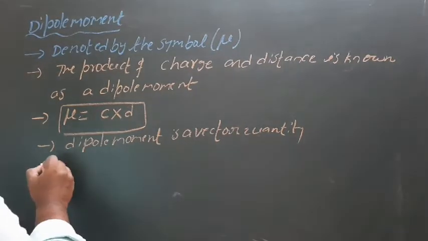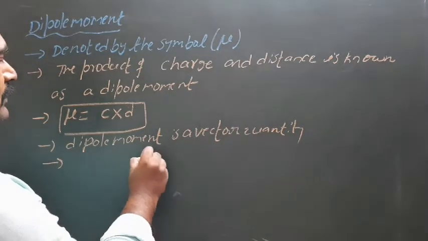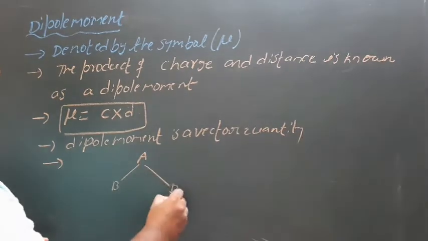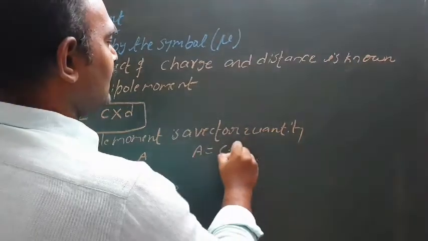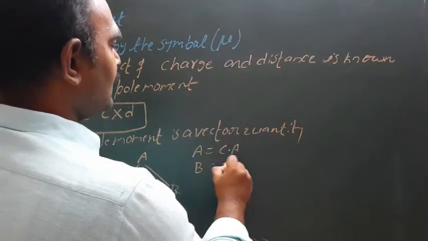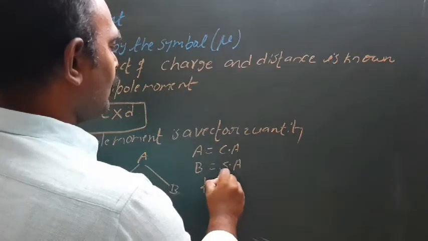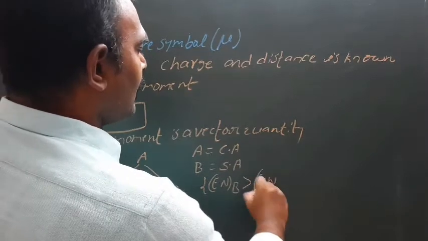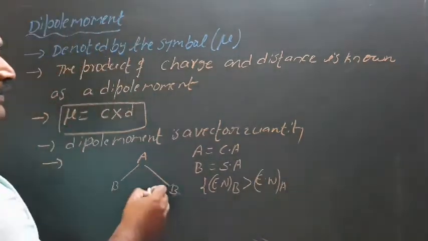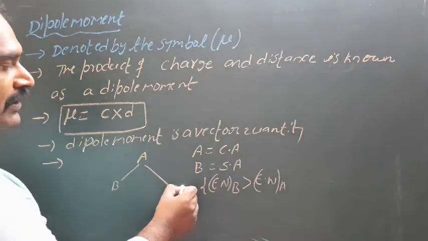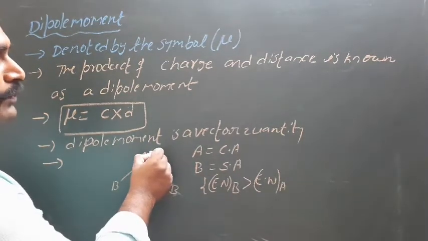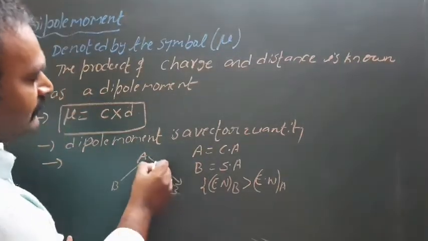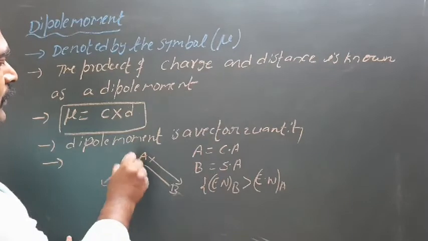Suppose A is the central atom and B atoms are the surrounding atoms. Assume the electronegativity of atom B is greater than that of atom A. Then B acquires a partial negative charge and A acquires a partial positive charge. The shifting of electrons is towards the more electronegative atom.